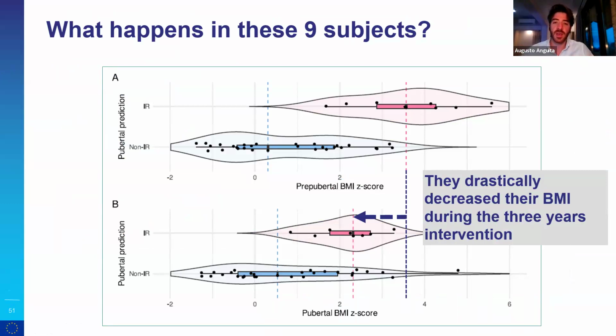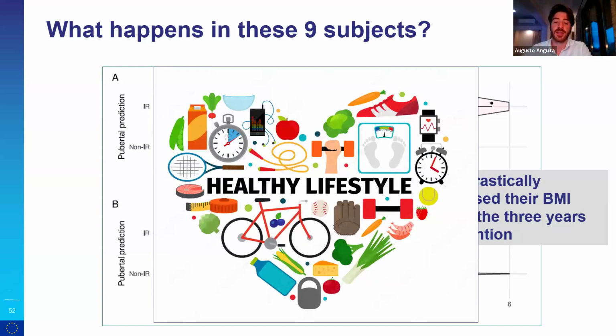So for some reason, these kids were a very high risk group, but they did something during the 3 years that made them reduce their metabolic risk, and now they are not in the insulin resistant class anymore, and this is why the model failed. So probably they adopted a healthy lifestyle, and this information was not included in the model. So of course the model is taking a wrong decision, but with a good reasoning and justification for that.